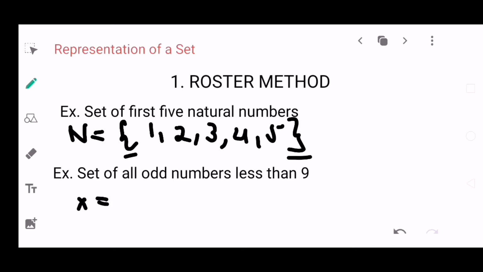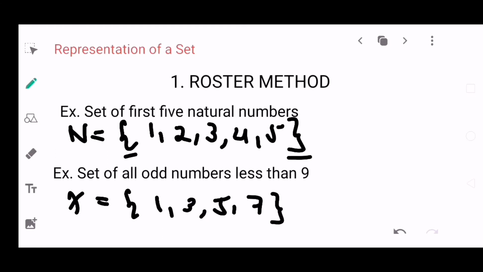So x will be the set containing the odd numbers less than 9. Those are 1, 3, 5, and 7. Now this is just how we do the roster method.